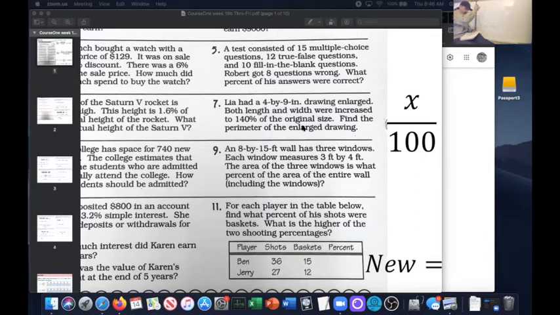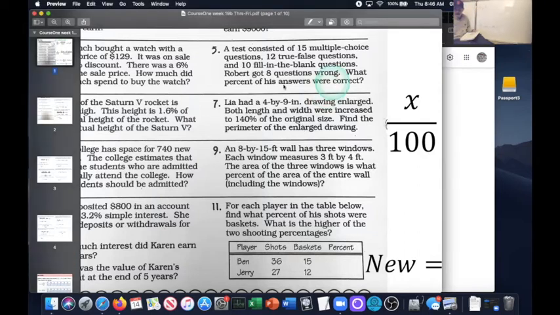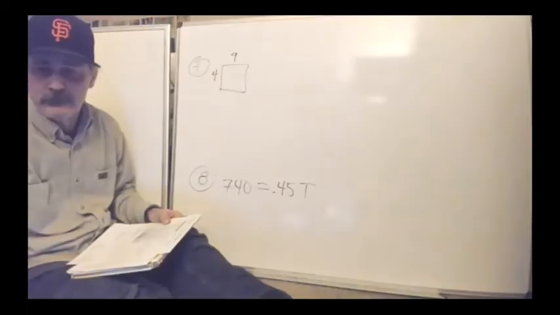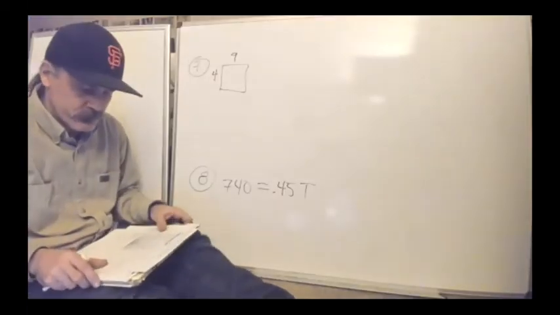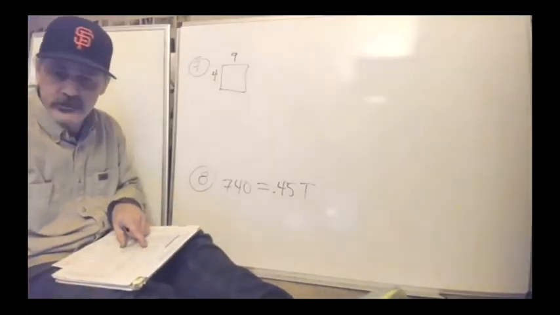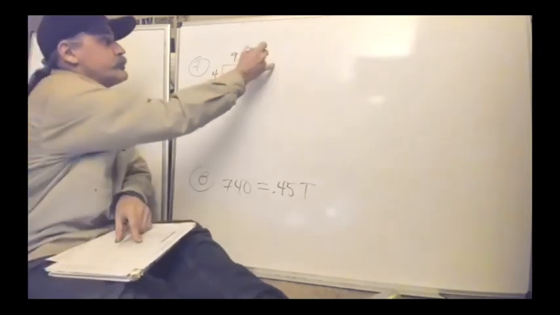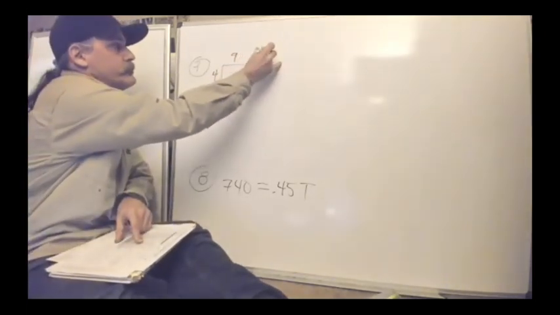Okay, so to model this problem, we'll just go ahead and make a little drawing. And we want to increase this to 140% of. Well, that means we're going to multiply by 1.4.